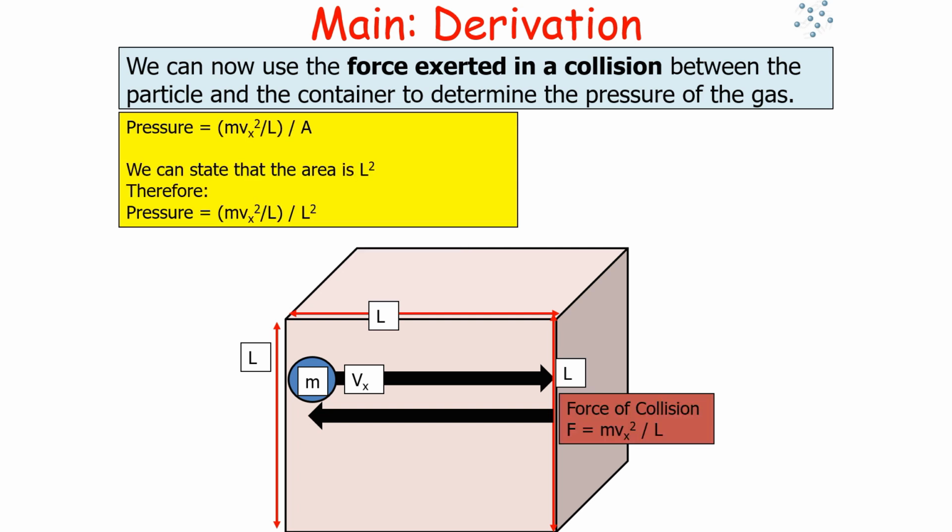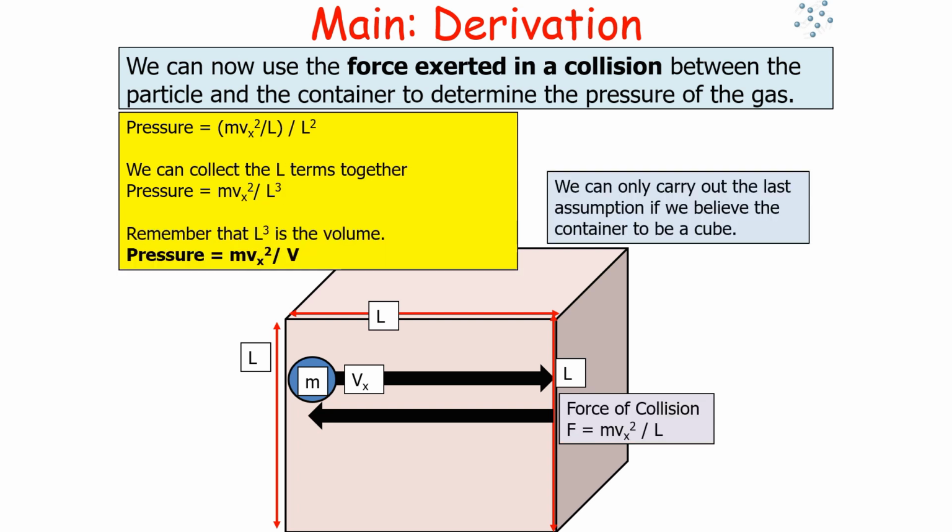Now we know for this particular cube that the area must be L squared because the sides are all length L. So therefore pressure is going to be mvx squared L over L squared. So we collect the L terms together, and L cubed is just the volume. So pressure is equal to mvx squared over L cubed, which is V. So therefore we can only carry out this assumption if the container is a cube.